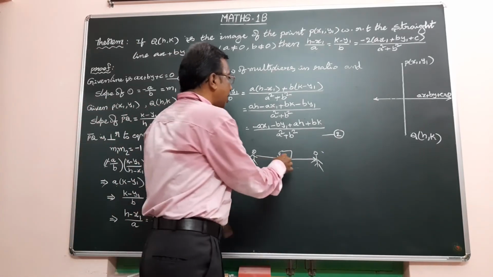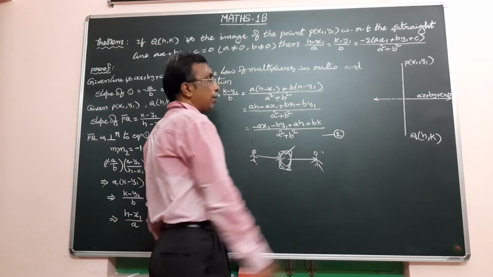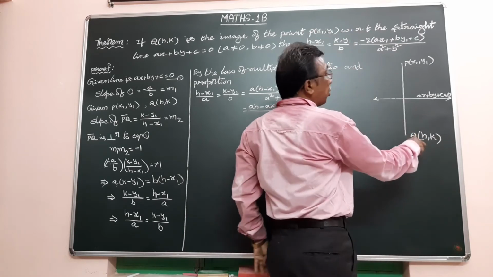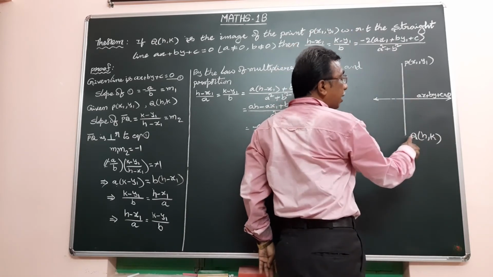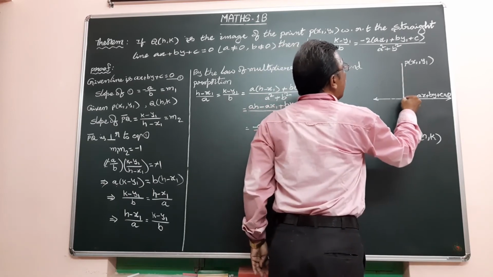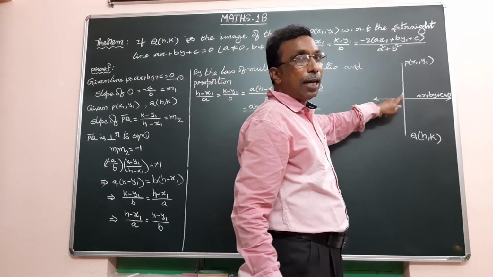Equal distance means the mirror is the midpoint. So P image is Q means this is the midpoint of PQ.